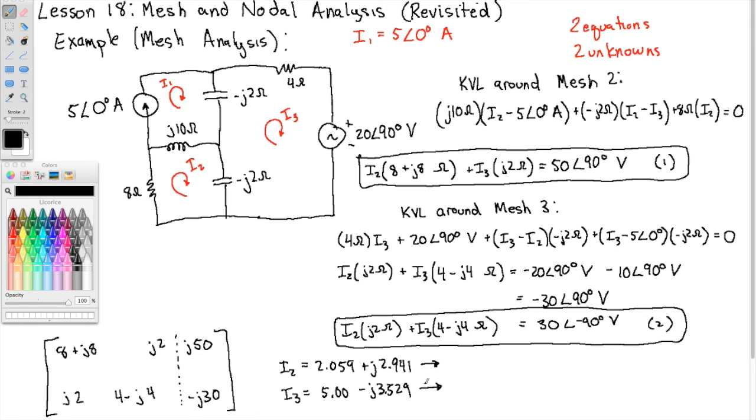Okay, and that comes out to be 3.59, we'll call it, to 3 significant digits.